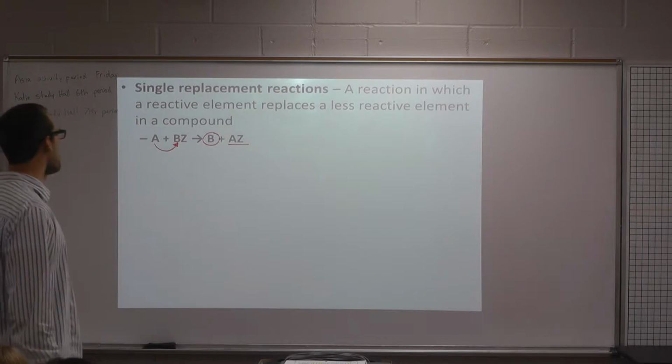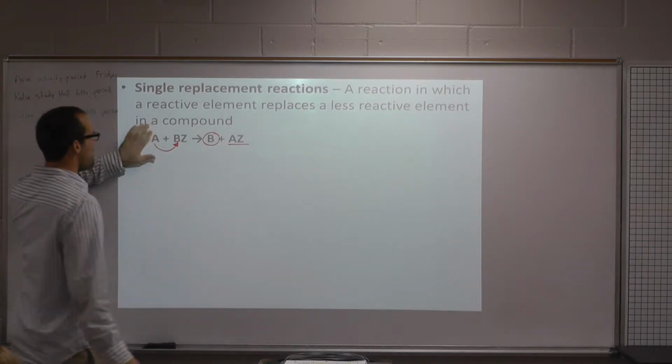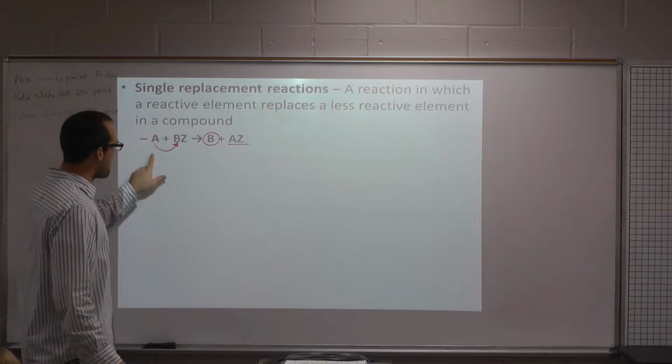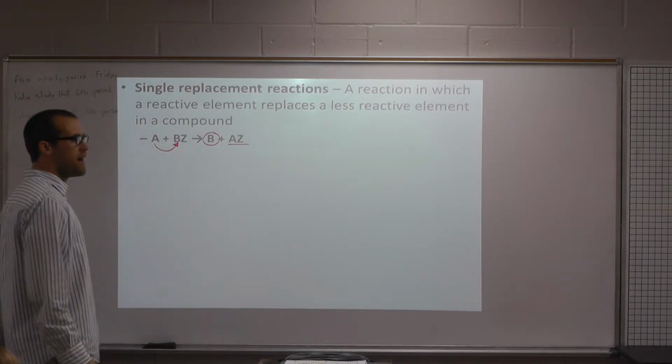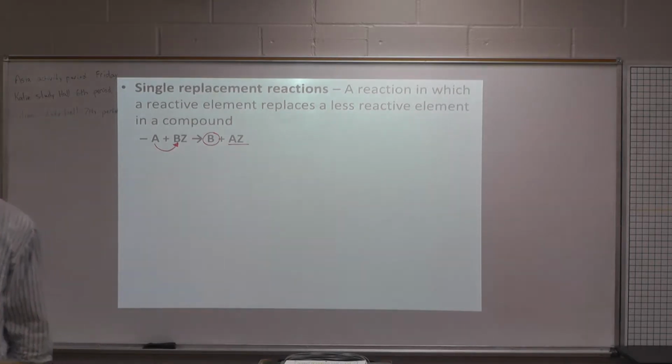Okay. So here's the thing. Now I realize it's kind of silly, but it kind of helps us understand that what happens here is you have some element that is by itself come in and replace an element and kick that other element that was bonded to really be by itself on the product side.